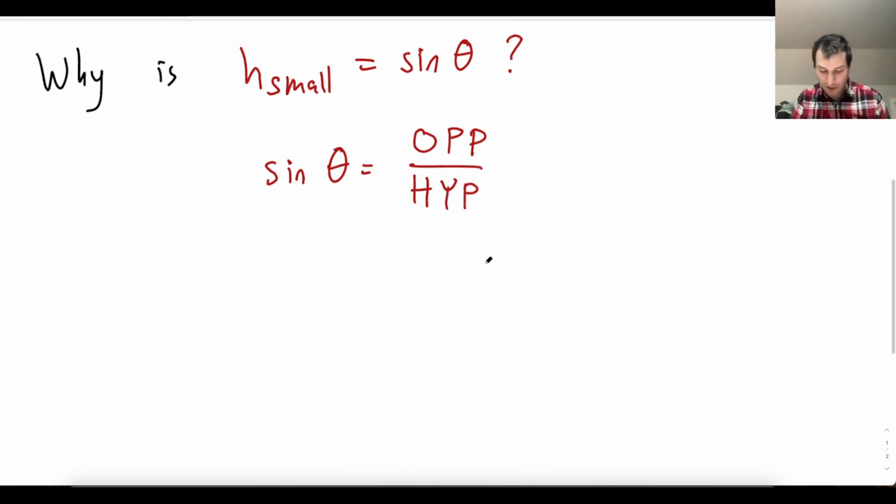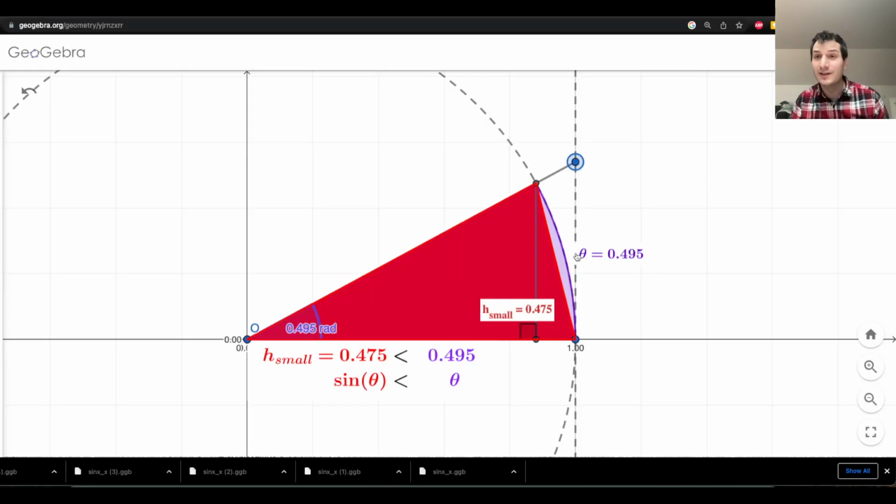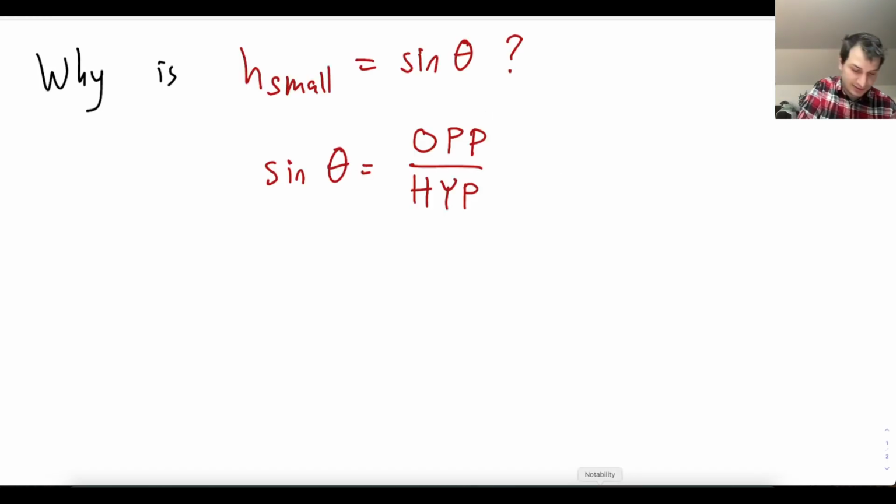And if we look at this red triangle, what can we say about it? So I'm looking at the right triangle living inside the red triangle where h small lives. So this triangle from here to here to here. This triangle, its height is h small. That's the opposite side of the angle theta. So the opposite side is exactly h small.